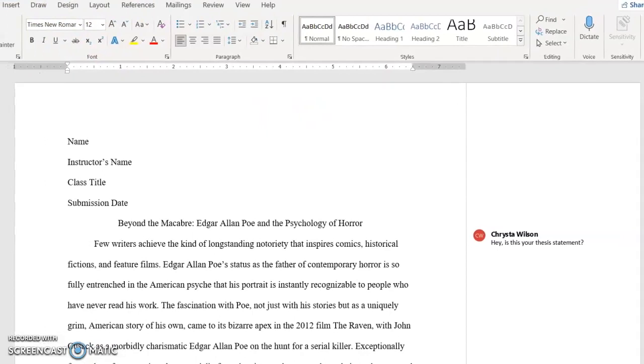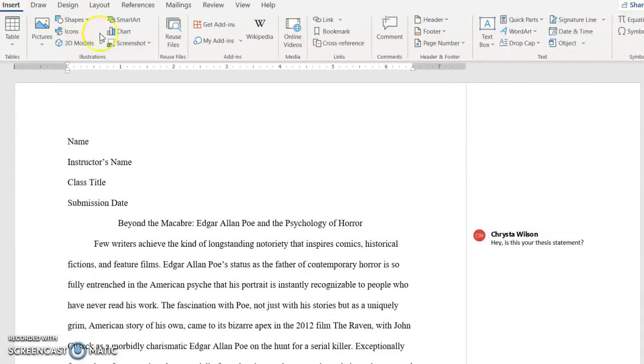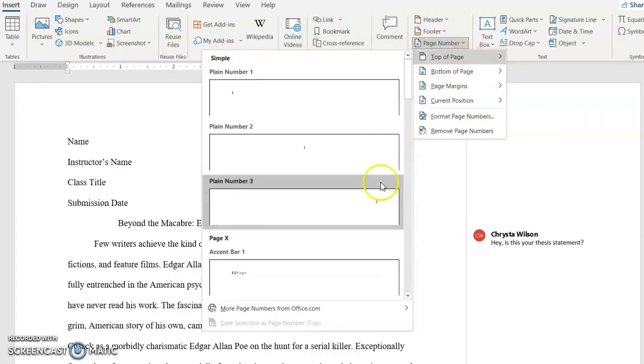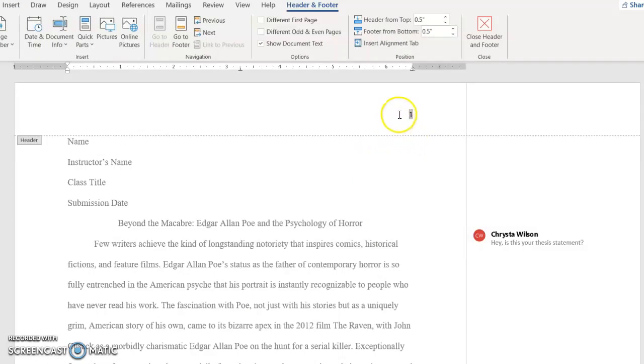Shoot, I have to move this over a little bit. There we go. So what you actually want to do is go to insert, go to page number like that, and you want it at the top of the page, and option 3 is top of the page at the right, and then you're literally just going to type your last name in next to it, and then hit close.